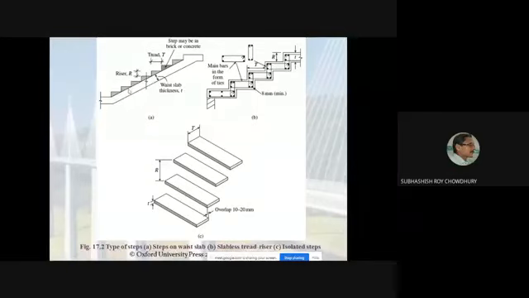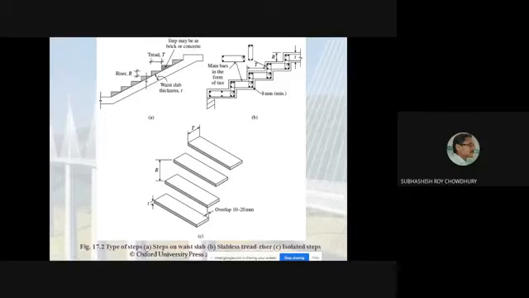That means in this case, the main structural component is this inclined RC slab, this horizontal RC slab, and this horizontal RC slab, which form the flight. Okay, so this waist slab and these landing slabs are mainly the structural component. But in this type of arrangement, obviously the steps will be there, without which there is no need to construct the stair.